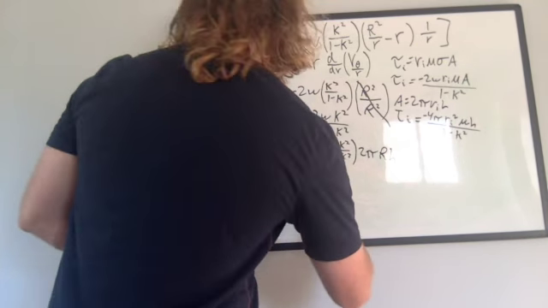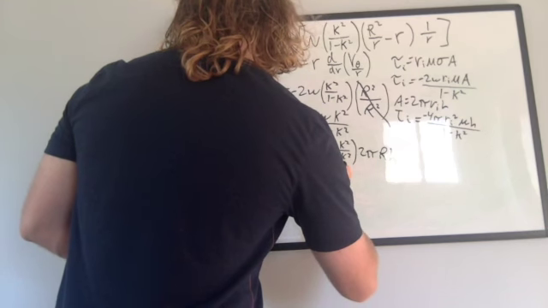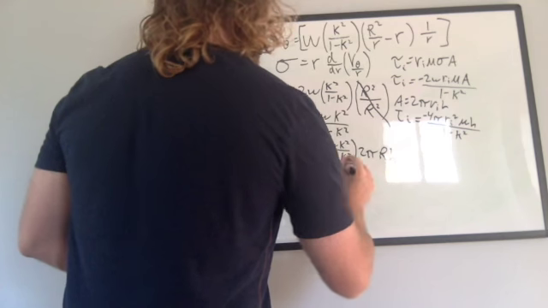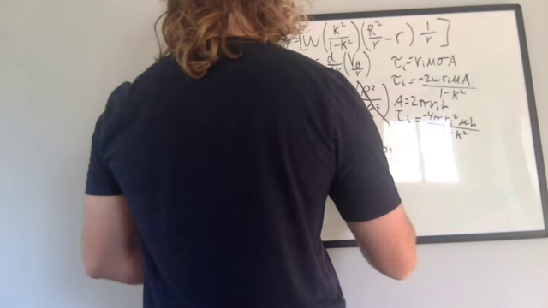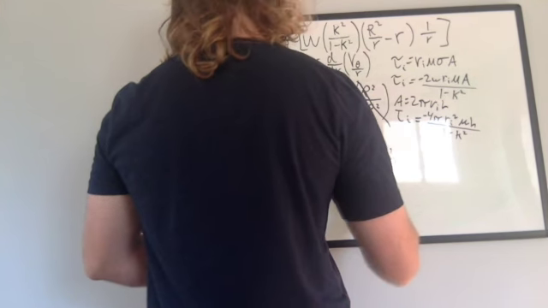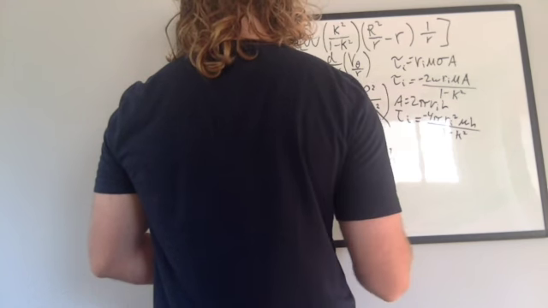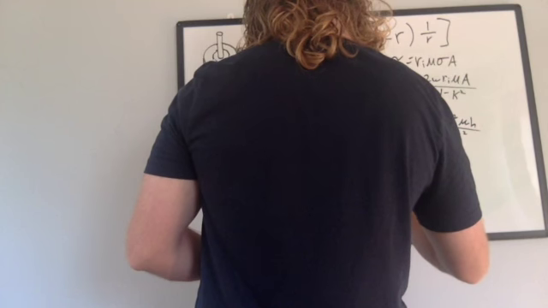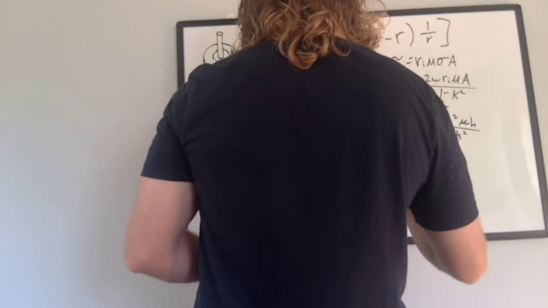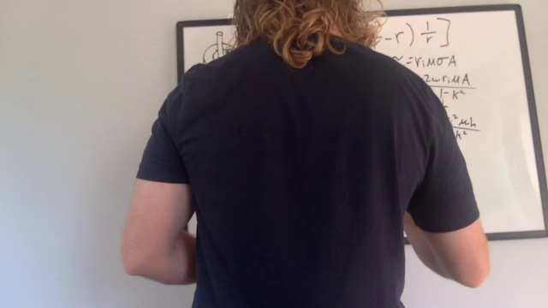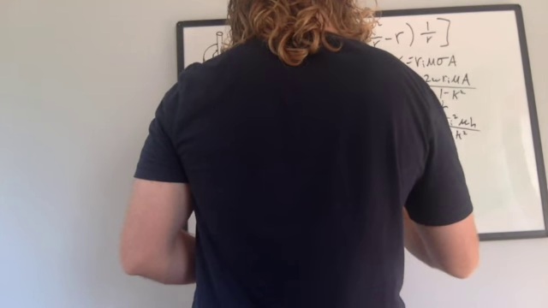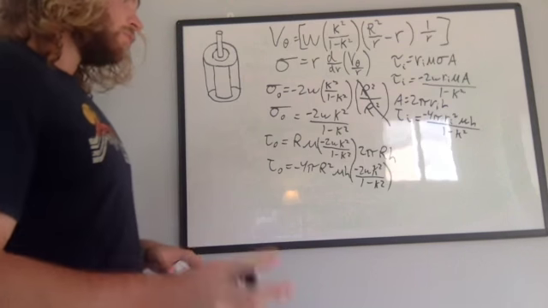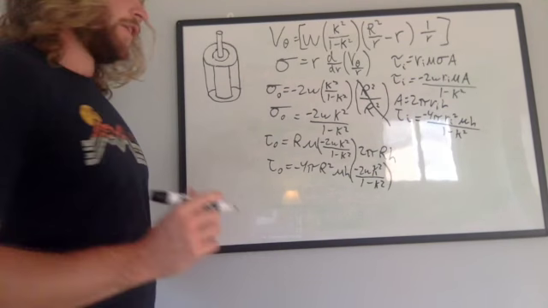This is going to be negative 4 pi, and then big R squared, sigma H times negative 2w k squared over 1 minus k squared. All right, there you have it. We'll go ahead and simplify this further.